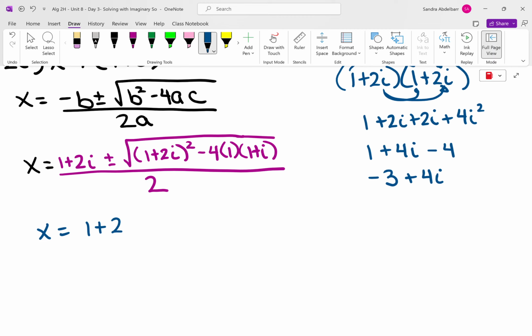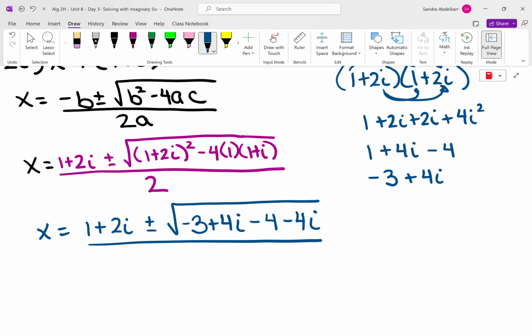So now let's plug this in. We have x is equal to 1 plus 2i plus or minus the root of negative 3 plus 4i. Now I'm going to distribute in that negative 4, so I'm going to get a negative 4 minus 4i, all over 2.